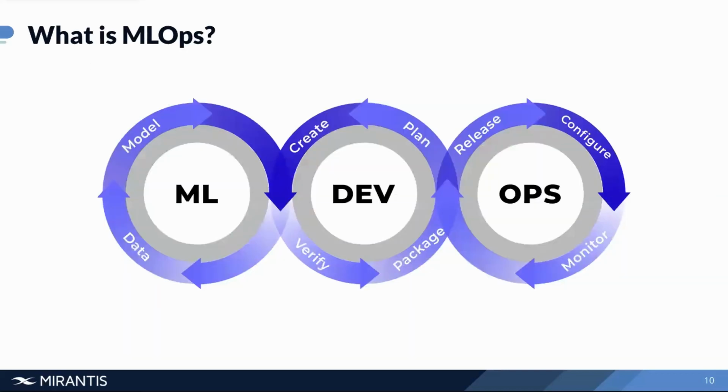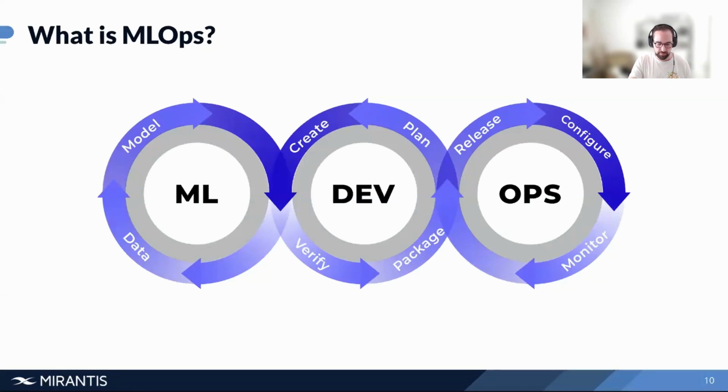So machine learning ops at the end is nothing else than the extension of machine learning to DevOps. If you think about machine learning, of course, you need to have some kind of iteration that can be added to the DevOps cycle.